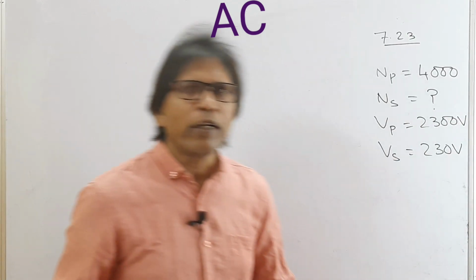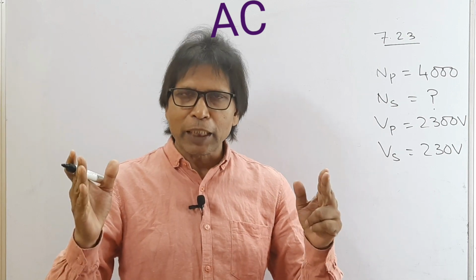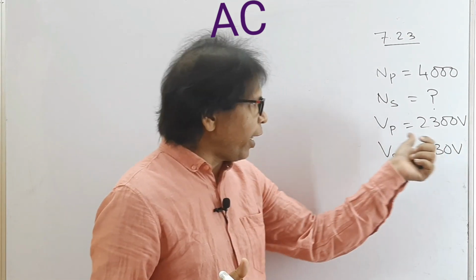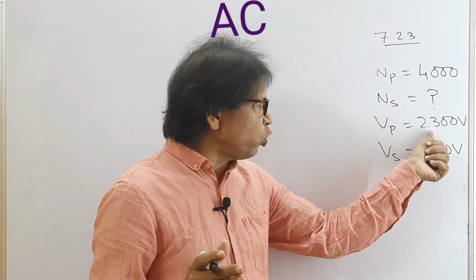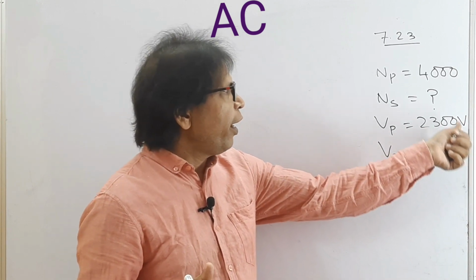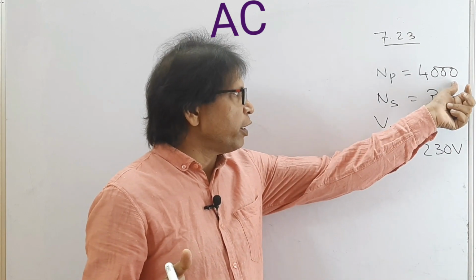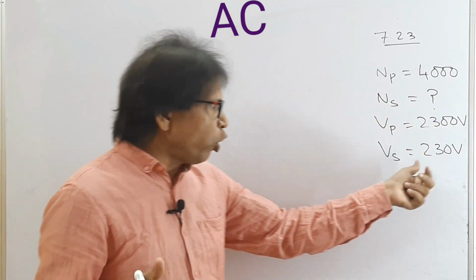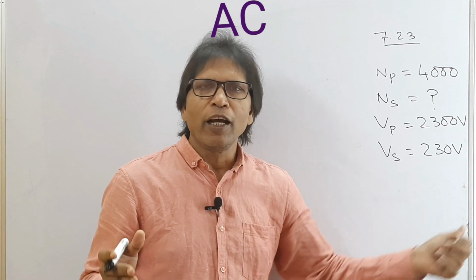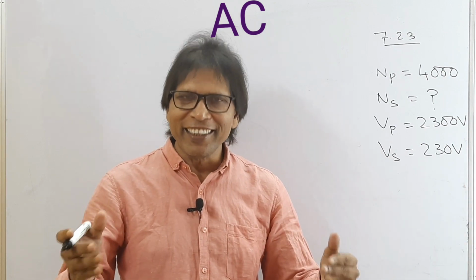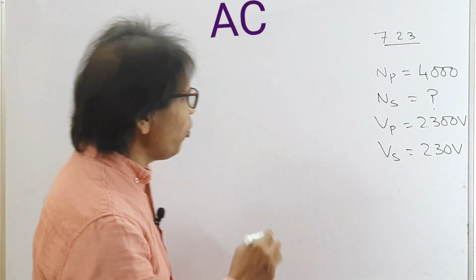Okay, now in an AC power transmission line, the input voltage is 2300 volt. The number of turns in the primary coil is 4000. To get the output voltage 230 volt, find the number of turns in the secondary coil. Now look at this.